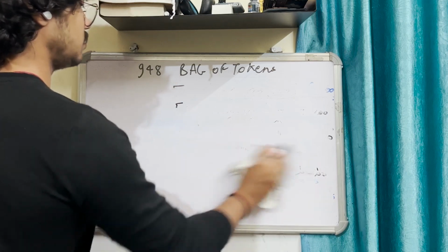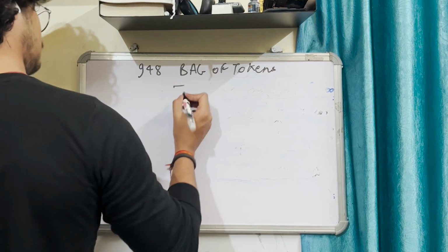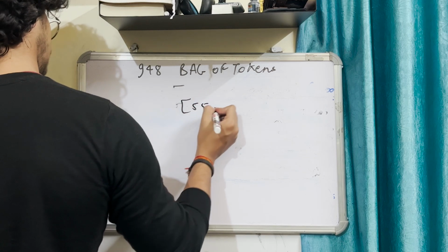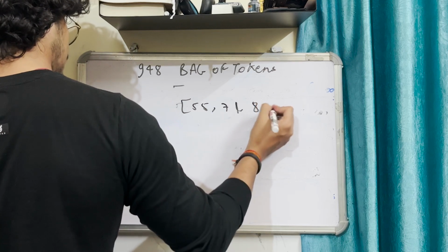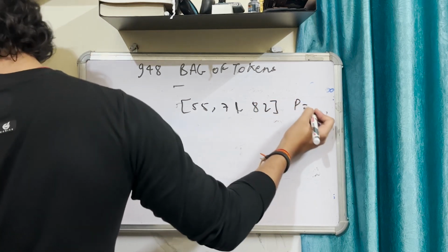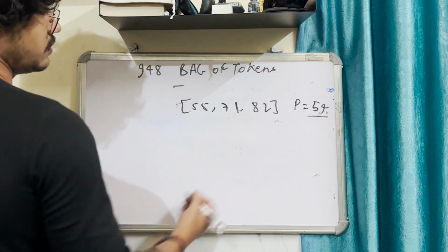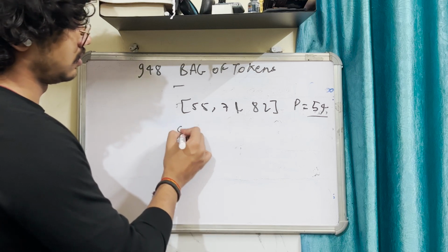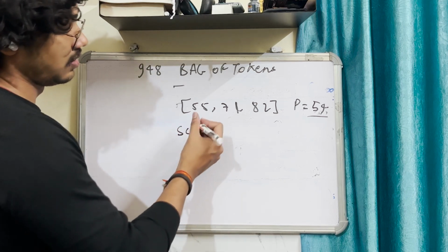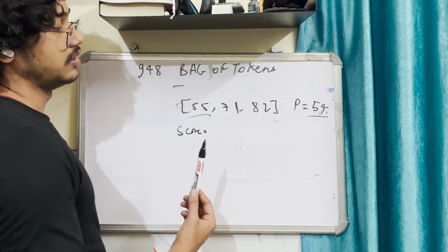So this was the thing, and let me give you one more important example. I also got stuck in that example. So the example was 55, 71, 82. Power equals 54. If your power is 54 and this is your array, can you do any transaction?